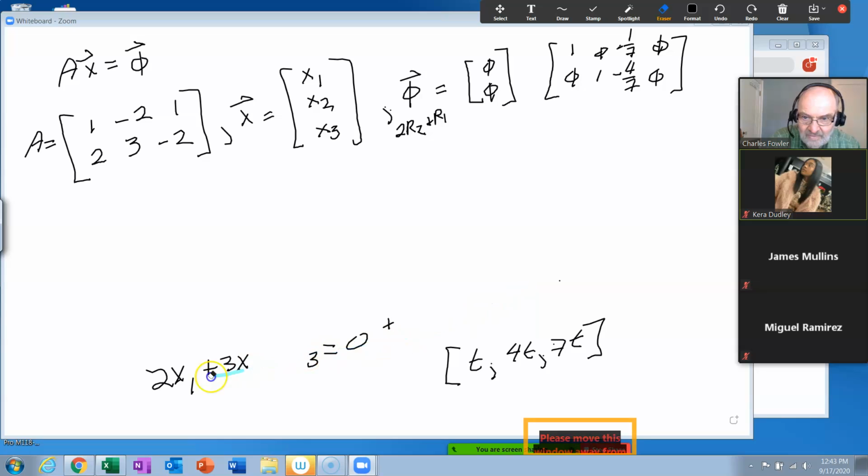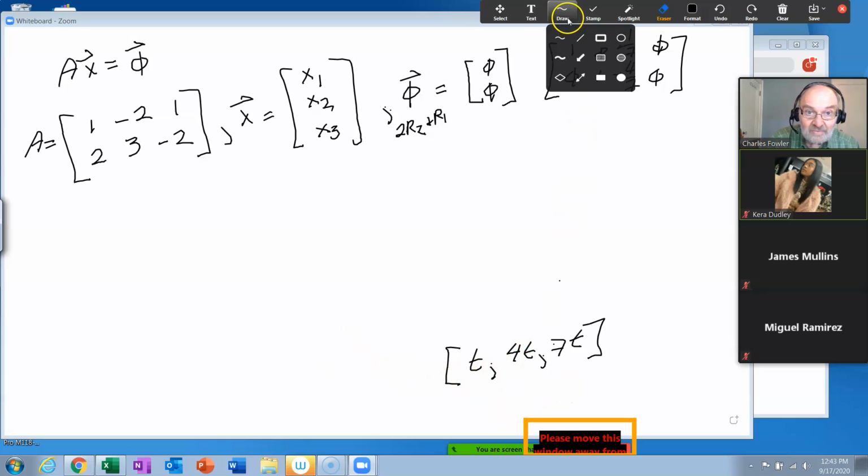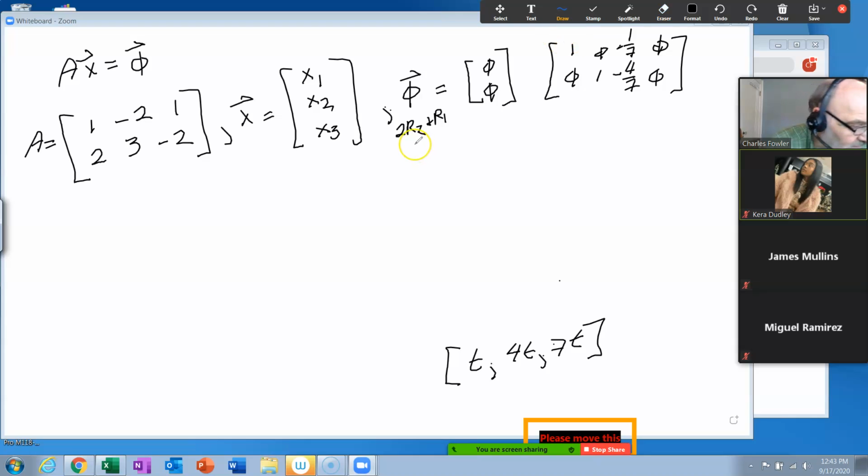Okay, we're getting close to it now. Okay, let's go back to the draw mode. Okay, well, I got 2 minutes. Let's see if we can do it. This is what we wound up with. Maybe I erased too much.